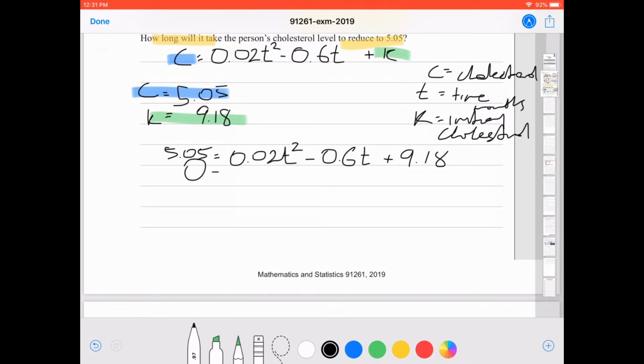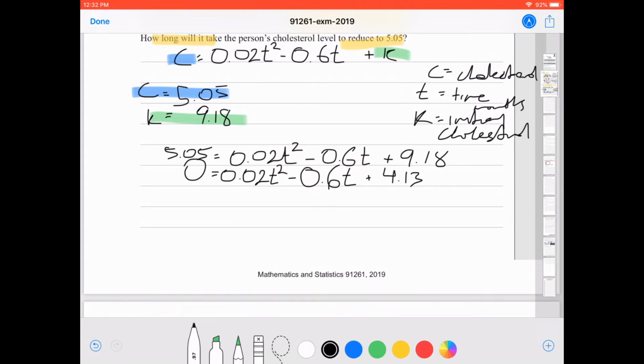We can say 0 equals 0.02 t squared minus 0.6 t, and then 9.18 minus 5.05 we can calculate, and that equals 4.13.